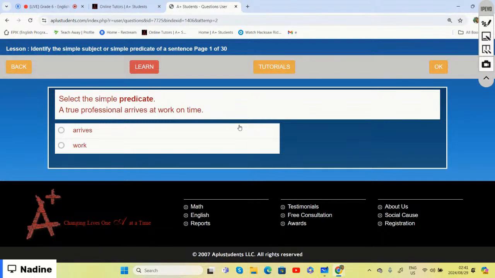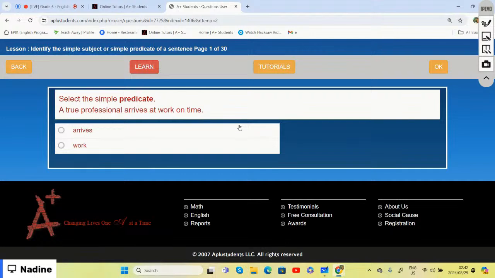All right, so now we need to select the simple predicate. The predicate is the verb, right? It says a true professional arrives at work on time.